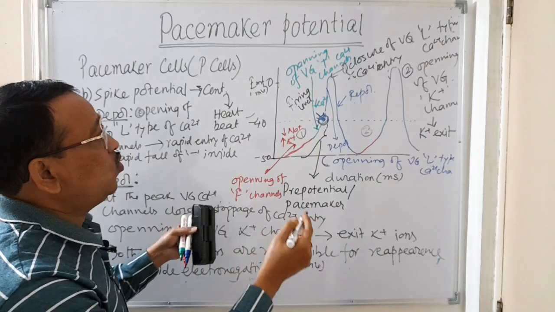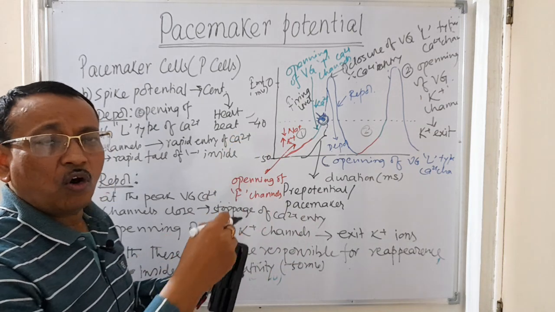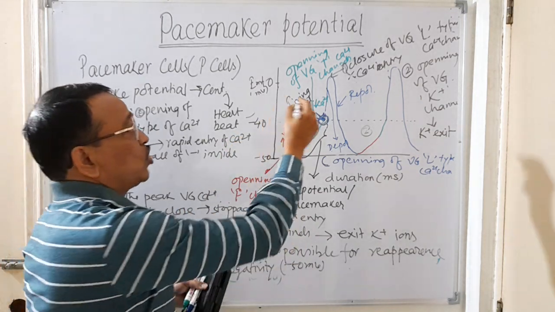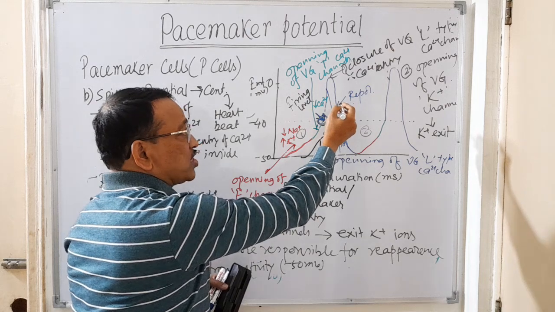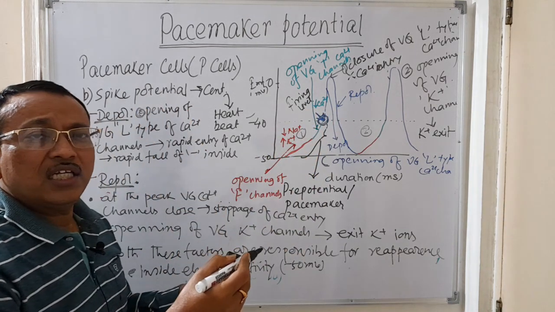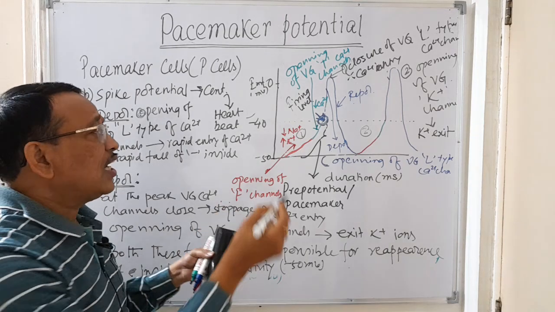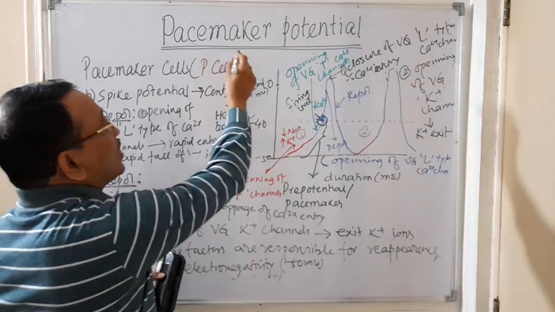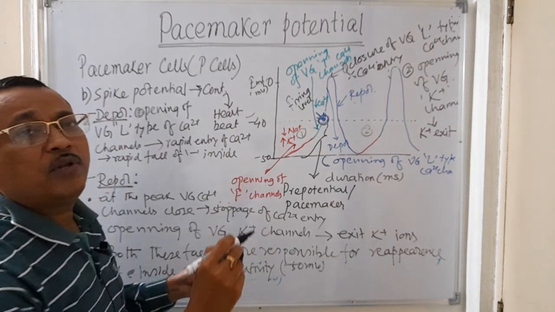This is how the automatic heartbeat takes place because of the spike potential, which is induced by the pacemaker potential or prepotential.